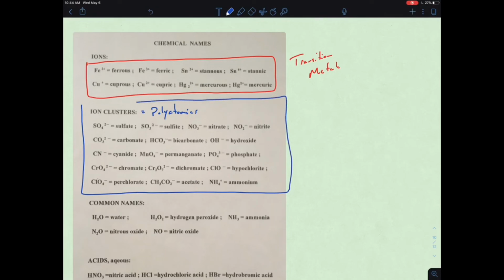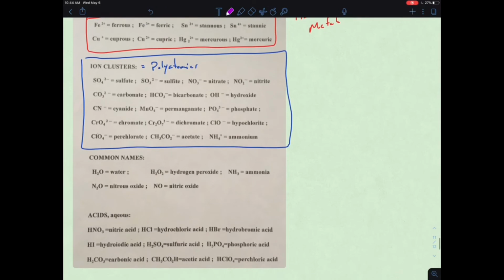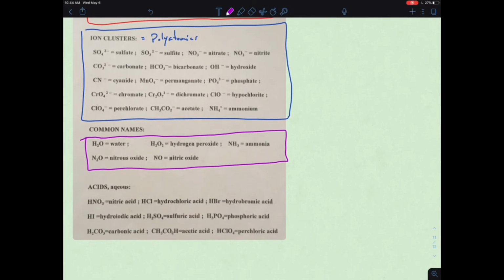And I know it looks like there's a lot of them there, but these are very common ones that we see a lot going forward in general chemistry and organic chemistry and things of that nature. We do have some common names, hopefully you understand what water is. Hydrogen peroxide, ammonia, common cleaning agent, nitrous oxide, hippie crack, nitric oxide, right? Things that are in nitrates and things of that nature. And then the common acids that we have at the bottom.